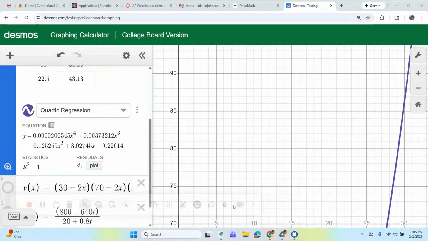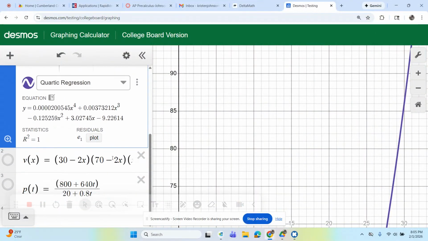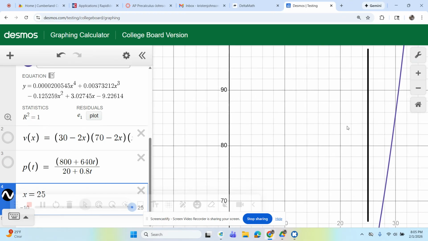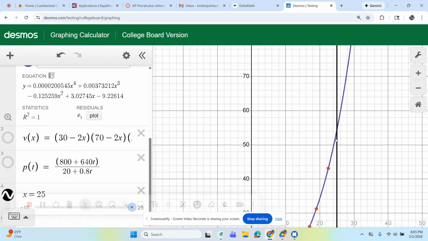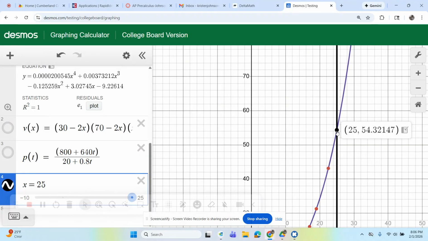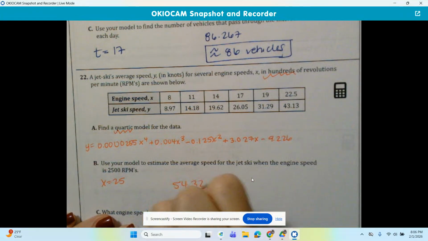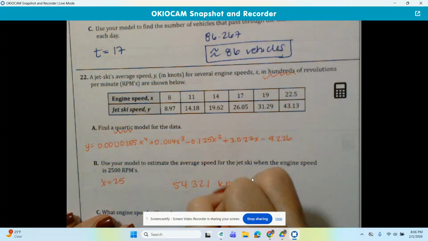It's hard for me to do this as much, y'all, whenever I already have things typed in, but X equals 25. And our answer is 54.321. And that is in knots.